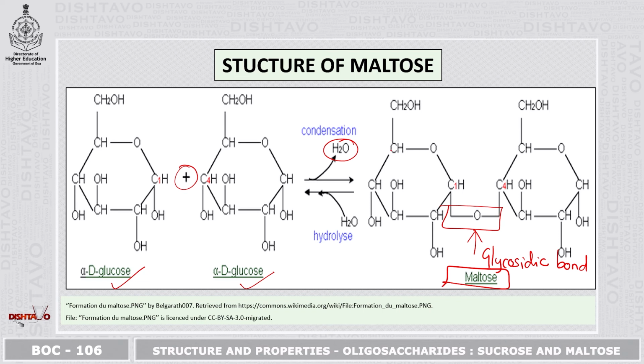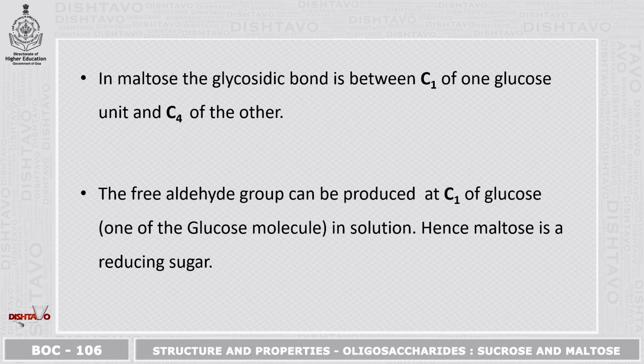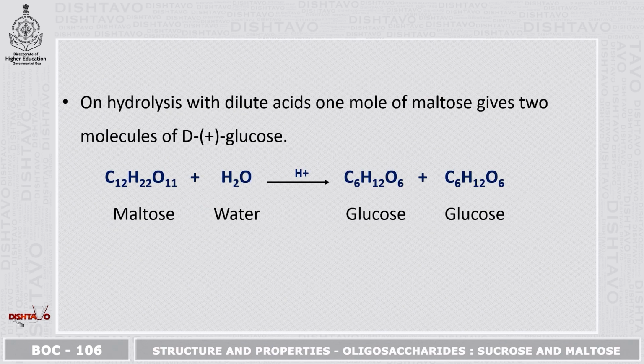So, maltose is made up of glucose and glucose with the glycosidic bond in between. In maltose, the glycosidic bond is between carbon number 1 of one glucose and carbon number 4 of another glucose molecule. The free aldehyde group can be produced at C1 of one of the glucose molecules in solution, and hence maltose is a reducing sugar.